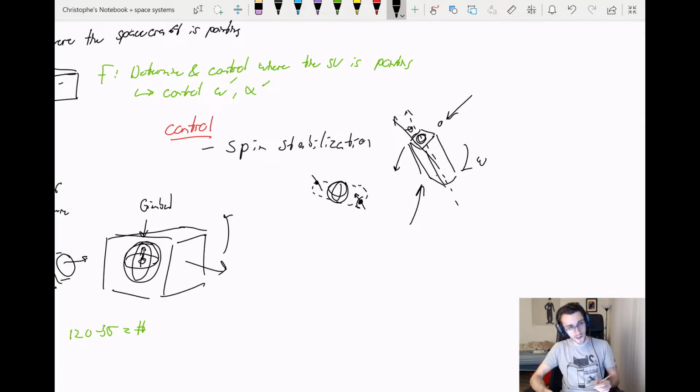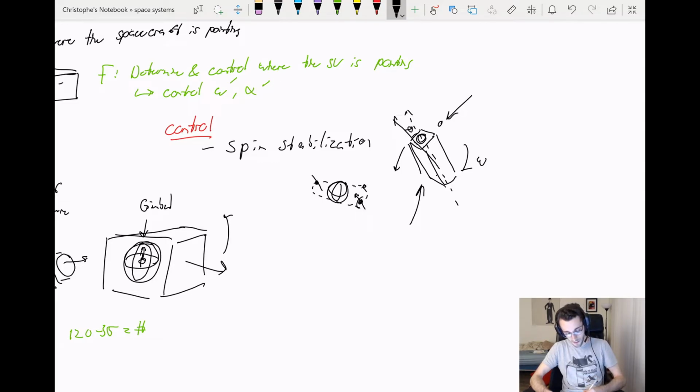If you're looking at the Earth in one part of your orbit, looking directly along your nadir vector at the center of the Earth, then when you get to the opposite side of your orbit, you're going to be looking directly away from the Earth. So you're not going to be looking at the Earth at all points in time while you're in your orbit.